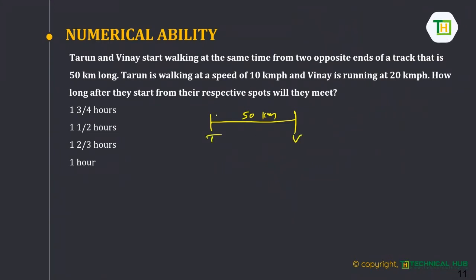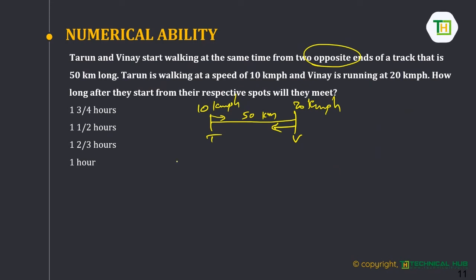Tarun is walking at a speed of 10 kilometer per hour, and Vinay is running at a speed of 20 kilometer per hour. How long after they start from their respective spots will they meet? Here, after how much time will they meet if they are moving in opposite directions, right?